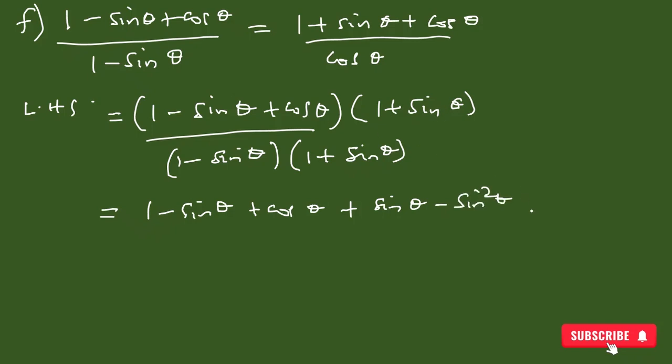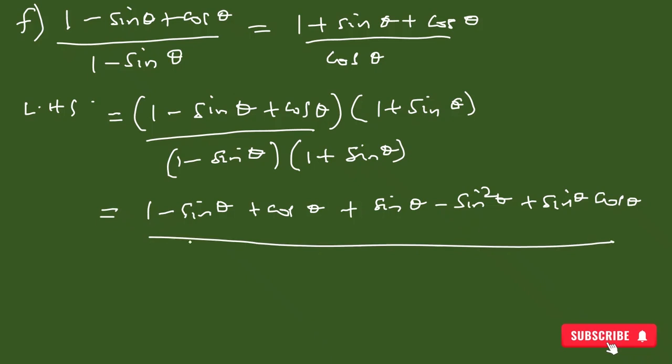Then sine times cos, it is sine theta cos theta. All of this is over, if you look at this, this is a difference of 2 squares. So it means I end up with 1 squared minus sine squared theta. When you expand this, it gives you a difference of 2 squares. It gives you this.